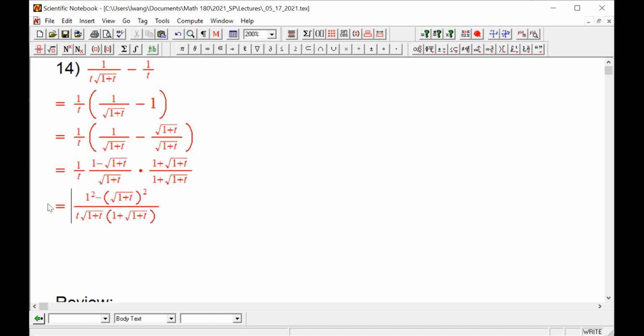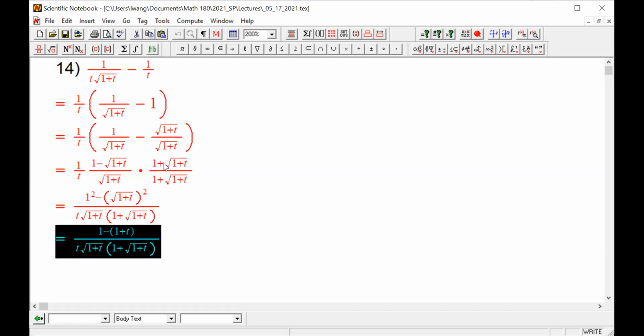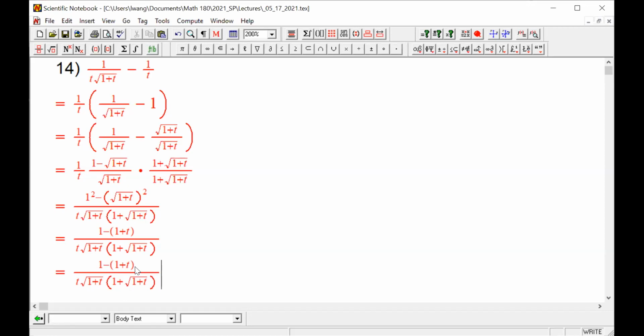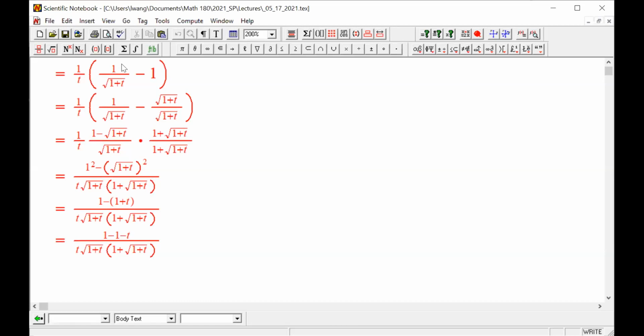And the top, what do we have on the top? Well, 1 squared is just 1, and this guy is going to be 1 plus t, and opening up the parentheses, minus t. And 1 minus 1, so you have a negative t on top.